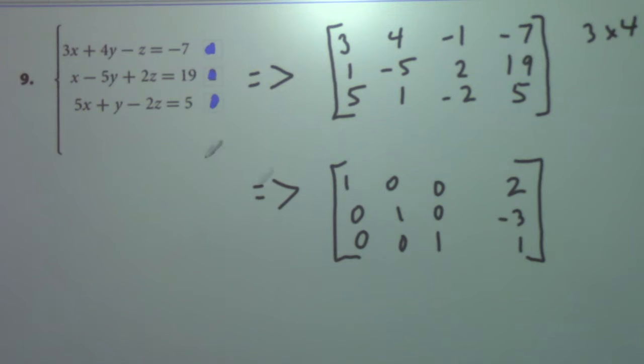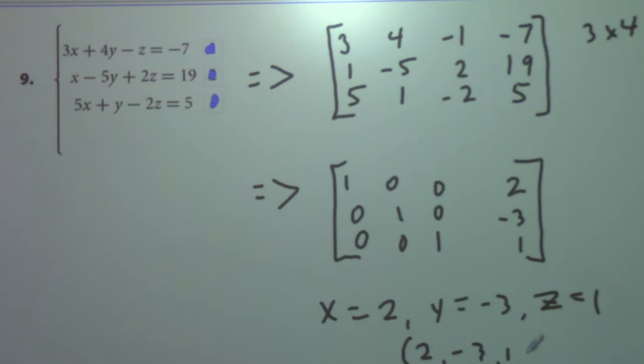It reduces, and then you have your solution here. So we have x is equal to 2, y is equal to -3, and finally z is equal to 1. Or you can write them as a coordinate triple, 2, -3, 1. So really that's what there is to it.